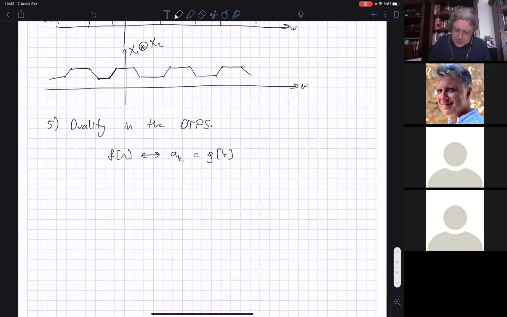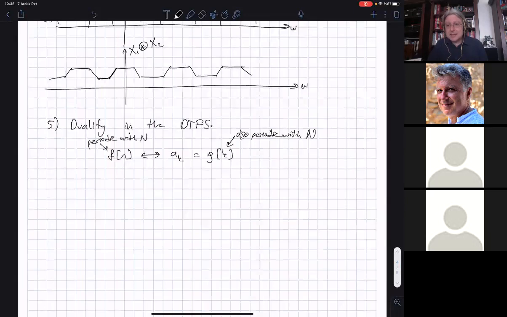And f of n is periodic with, let's say, capital N. Then g_k is also periodic with capital N. We have capital N distinct Fourier series coefficients, and then they repeat themselves. So g_k is also, therefore, a periodic signal.